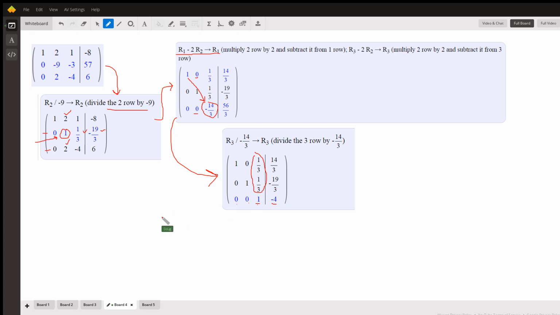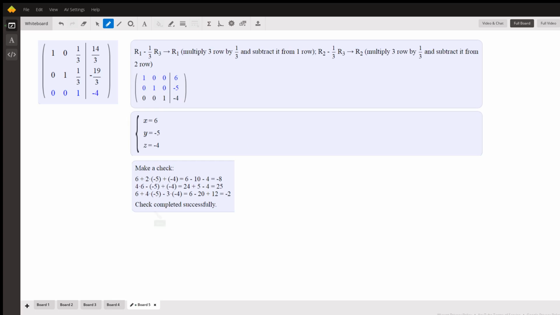But if I want to use reduced row echelon form, then I have to get these two elements equal to 0. And I do that by multiplying the third row by -1/3 and adding to the second row, and by -1/3 adding to the first row. And there is reduced row echelon form. I can tell that x is 6, y is -5, z is -4, and here's a check.